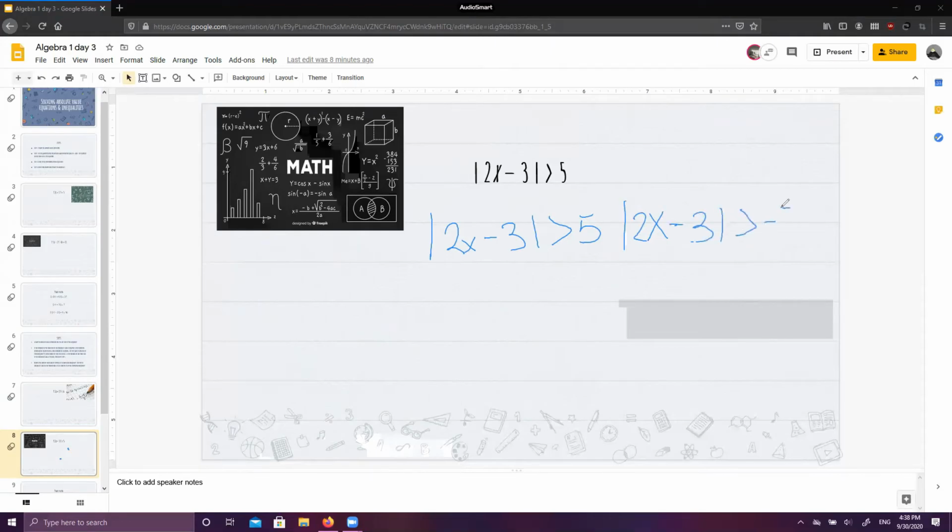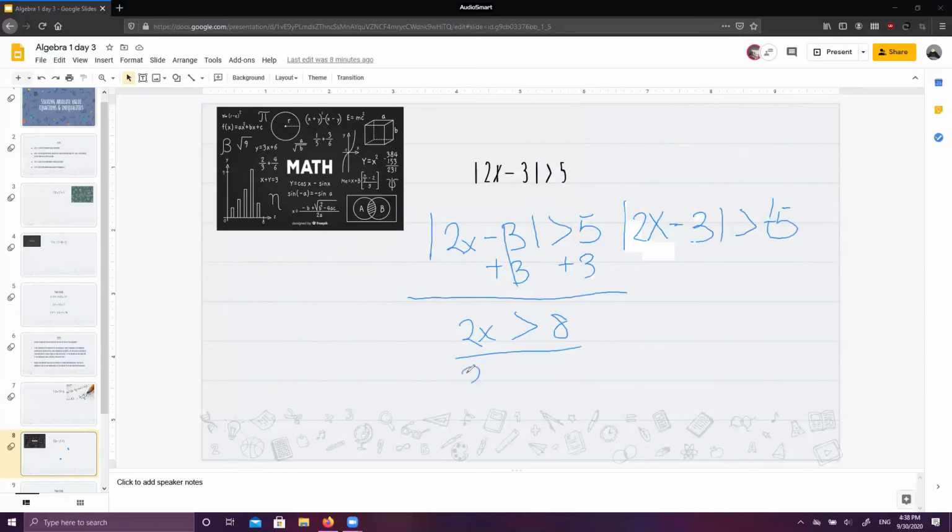So we'd solve it the exact same way. You add 3 on both sides, so you'd have 2x is greater than positive 8. You divide by 2 on both sides, and you get x is greater than 4. Same thing for the other side.